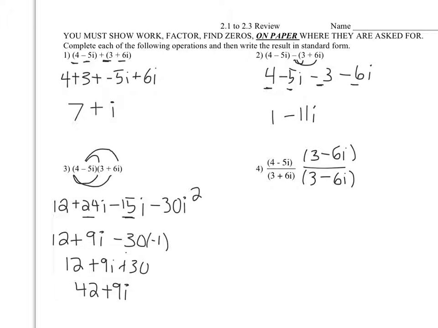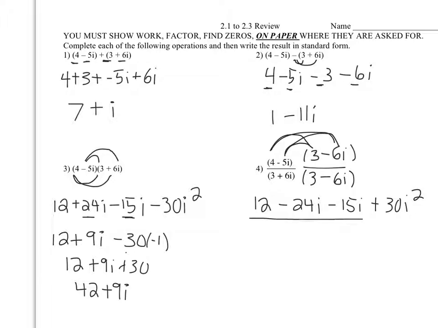So on the top we just multiply basically like we just did. 4 times 3 and 4 times negative 6i. And then negative 5i times 3. And negative 5i times negative 6i would give us plus 30i squared.